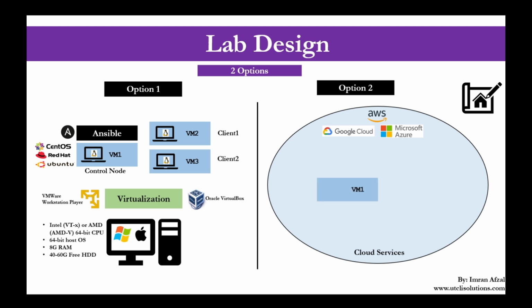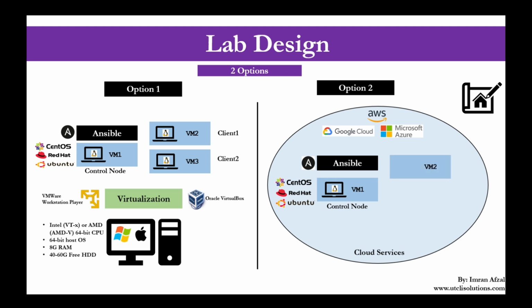In this option, you will create a VM1 and then install a Linux operating system on it. Again, it could be CentOS, Red Hat, or Ubuntu. Then we will install Ansible on it, and that becomes our control node. Then we'll create VM2 as our remote client, which we will control by executing our commands through the control node.